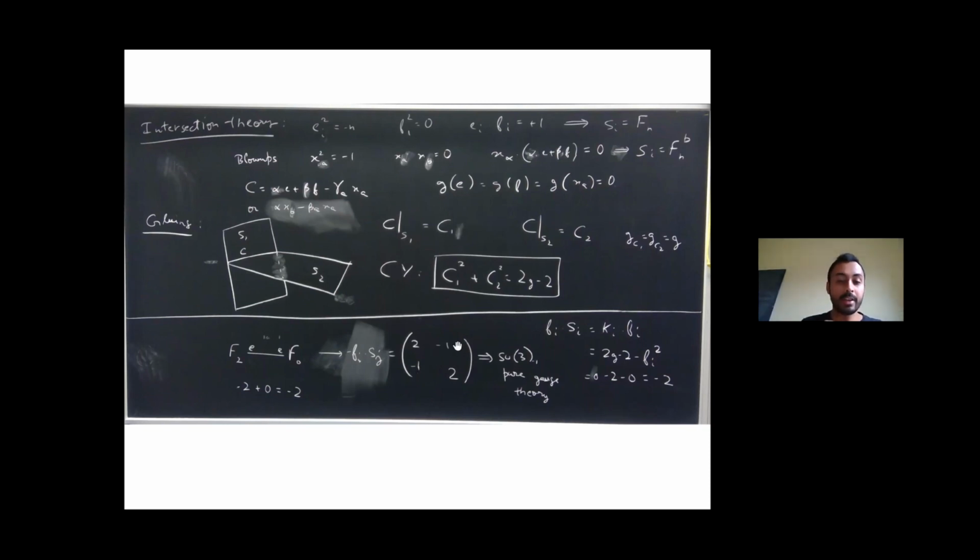And now we need to compute the off-diagonal entries. Let me call this the first surface and this the second surface. I want to compute the first fiber intersected with the second surface.